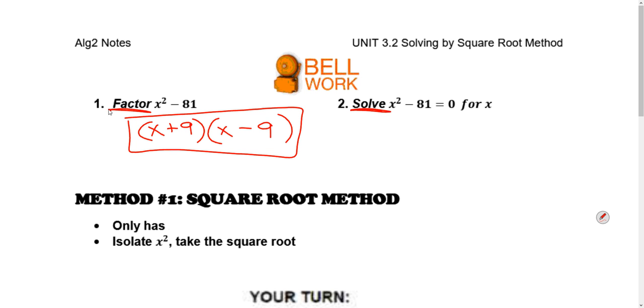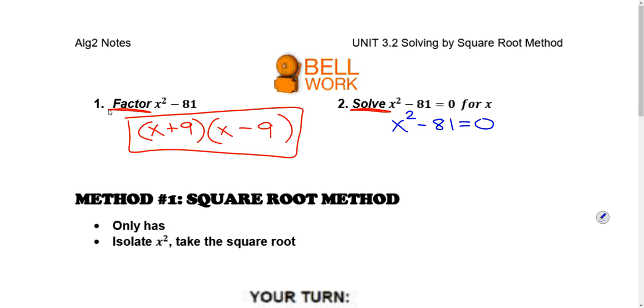In problem 2, it's a little bit different. If you look at how the problem is set up, problem 2 actually has an equal sign. Problem 1 didn't have one. That's why we can't solve it, because there's no equal sign. So in problem 2, we can actually solve it using our old math skills. We're going to get x by itself, just like we used to.